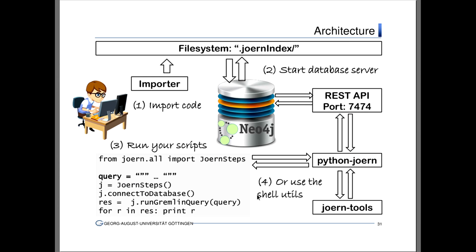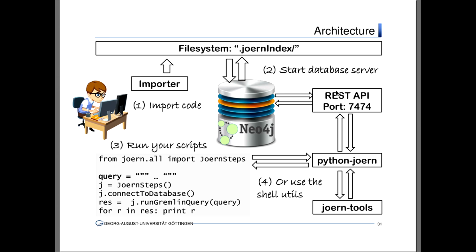Okay, so let's take a quick look at what this tool looks like. So you have an importer. You start to import code. That's here. Okay, and then it creates a database called the Joern index, and this is then stored in the graph database. And then all you need to do is start the database server, and it will make a REST API accessible.